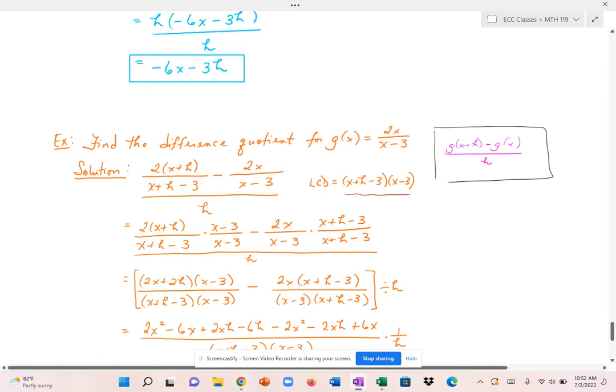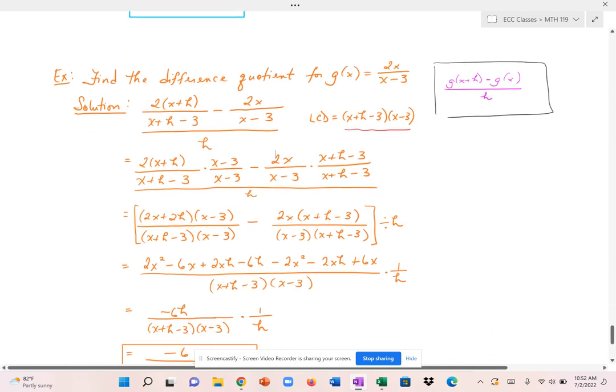So when you put that together, I distributed the 2 here, so I get 2x plus 2h times x minus 3 over the common denominator minus 2x times x plus h minus 3 over the common denominator. And this divided by h here that I have, I wrote it like this. Saves a little bit of space, and it helps me to explain what I'm going to do on the next line.